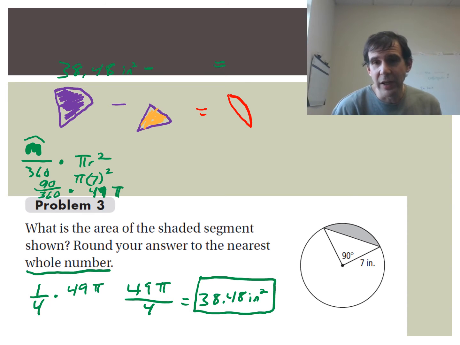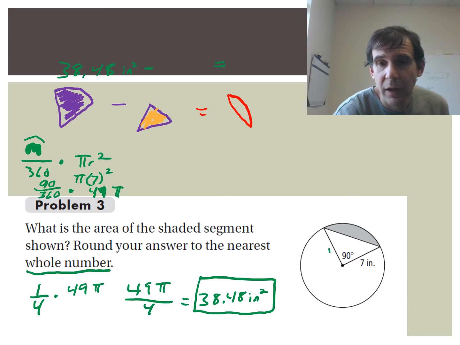Well, a 90-degree triangle has something nice about it. The base and the height must meet at a 90-degree angle. Well, the base and the height are going to be the two sides of this triangle, right? They're both going to be perpendicular because they meet at a 90-degree angle.